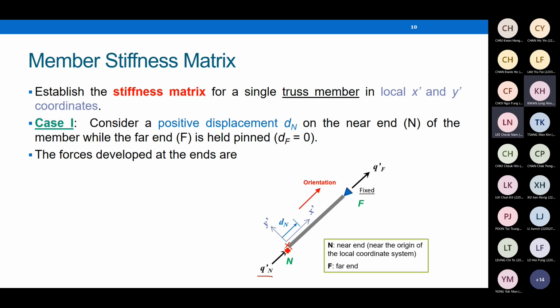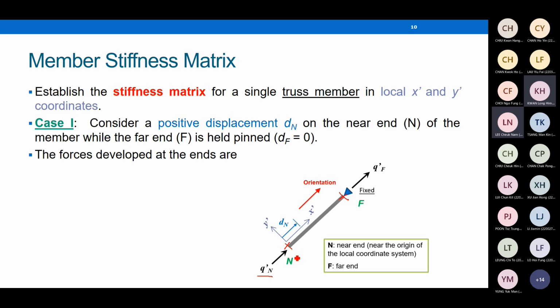I ignore the middle part. We just describe the quantities at node N and node F. We totally ignore what happens in the middle. Node N is possibly under force. The force can be tension or compression, depending on the movement.